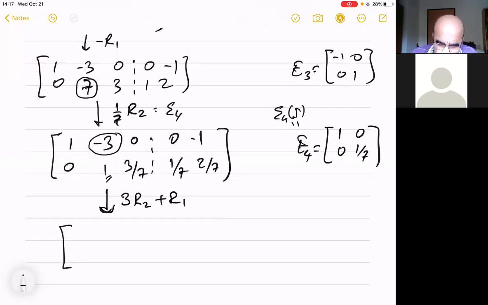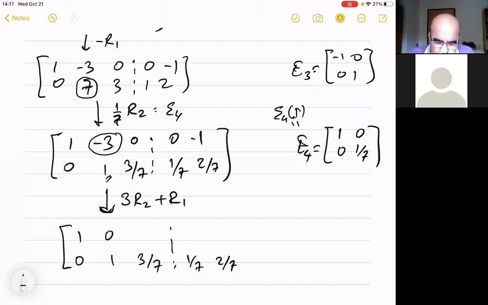So the second row stays the same, always. In the first row, we have 0 times 3 plus 1, which is 1. 3 times 1 minus 3 is 0. So that was our purpose.